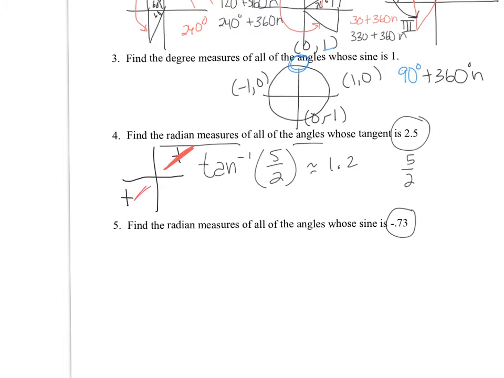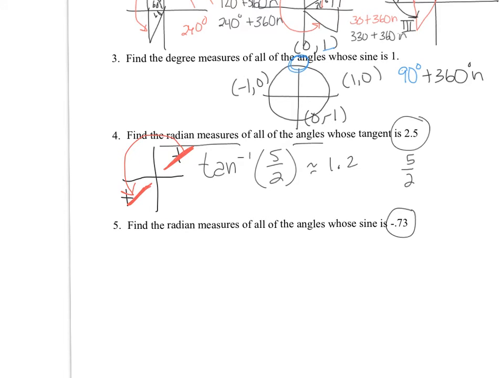To get the exact same value over here, what would I need to do? Well, I need to move around half the circle. I'm not going to go all the way around, I'm going to go halfway around. We know that all the way around the unit circle is 2 pi, but I'm just going half of it.